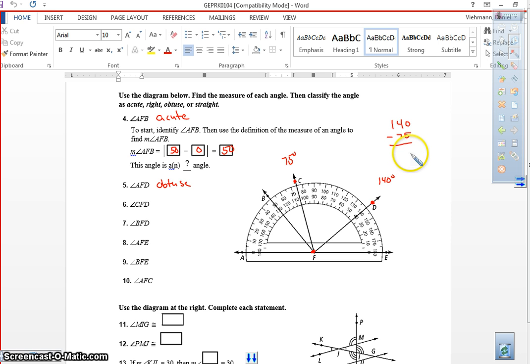Not exactly. What's 140 minus 75? 65, there you go. So if it's 65 degrees, the angle is what? Acute.